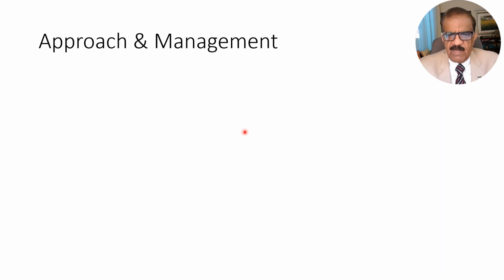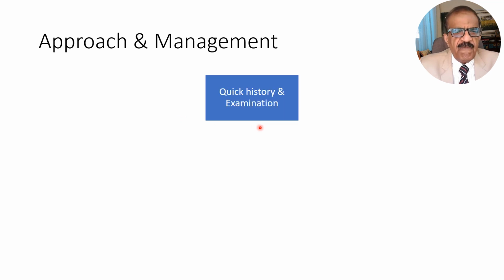Approach and management. This, of course, is very, very important. I think if you have understood the background, you will understand this very easily. First of all, of course, you need a quick history and examination. Now, I need not emphasize that this is a kind of emergency. You will take a quick and targeted history.